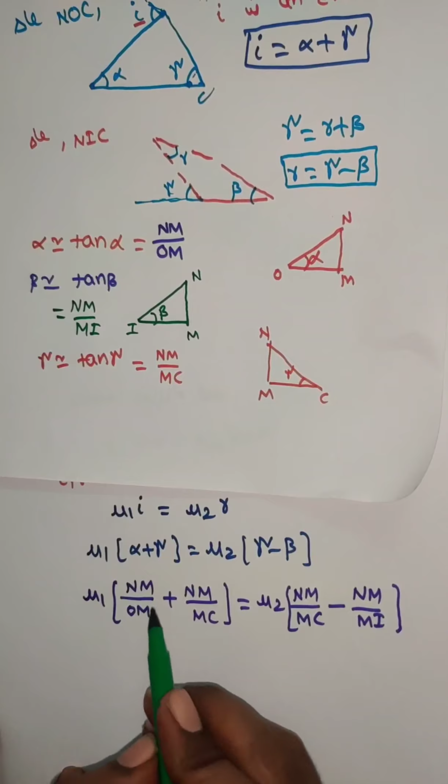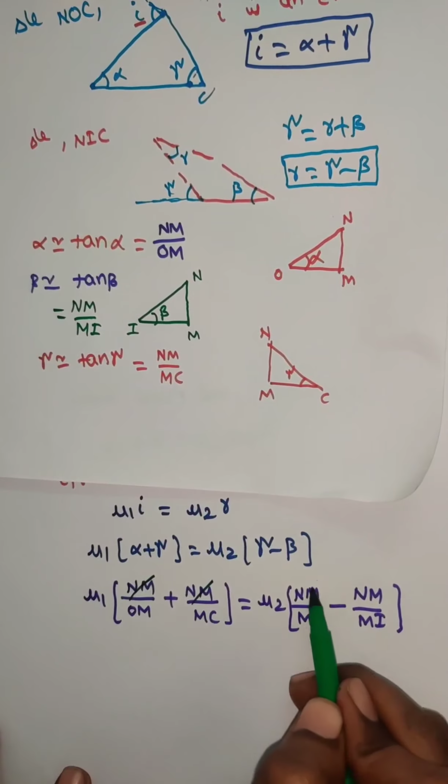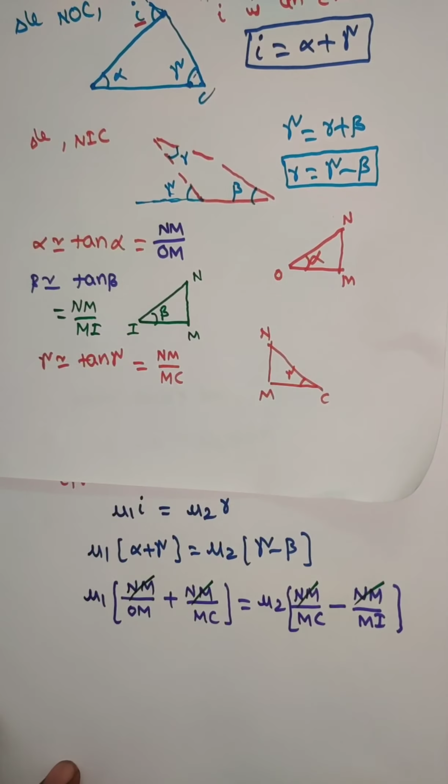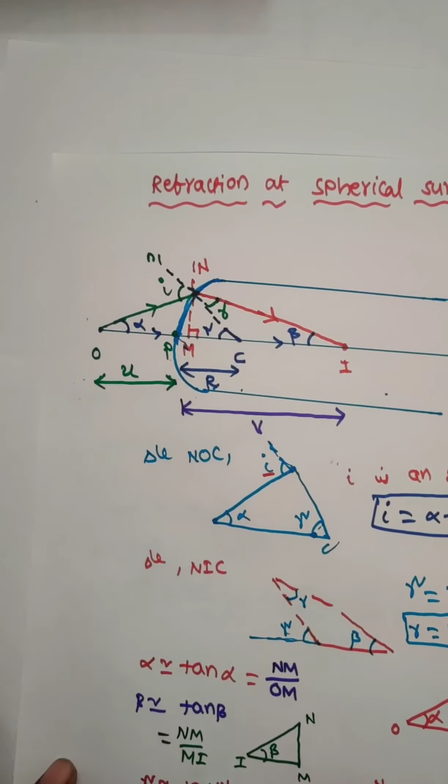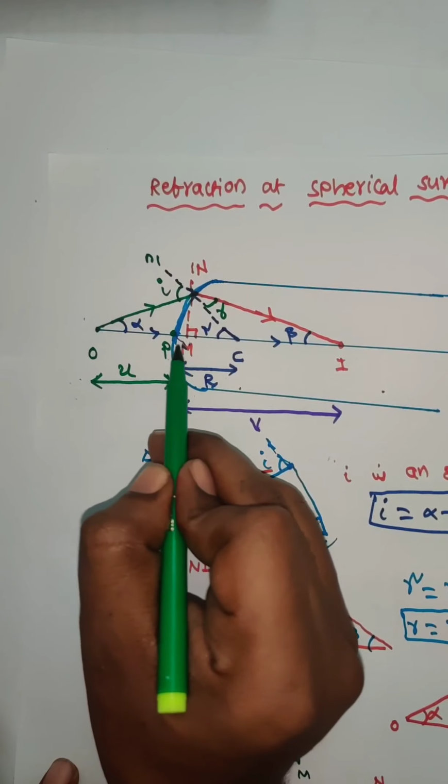Here you can cancel out NM. Now we can write OM. M and P points are so close, so OM and OP are both the same. Already we know P and M can be assumed as the same point.